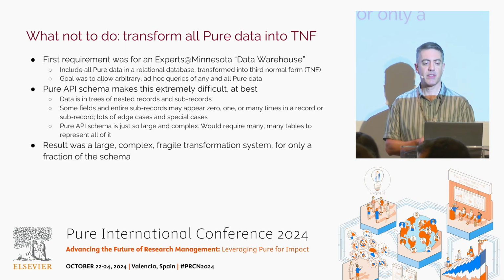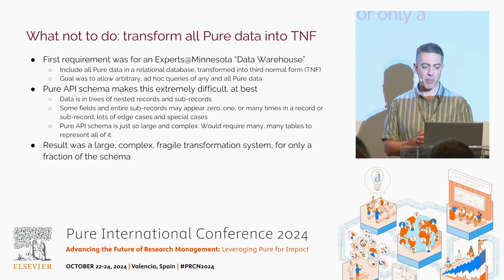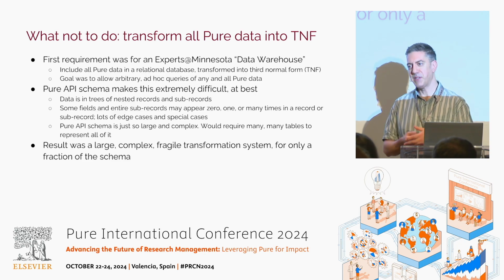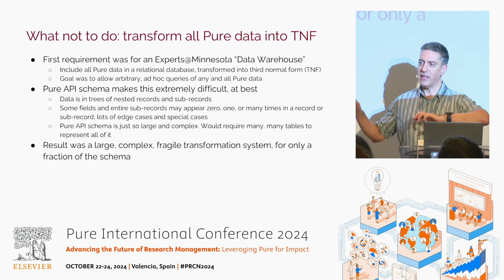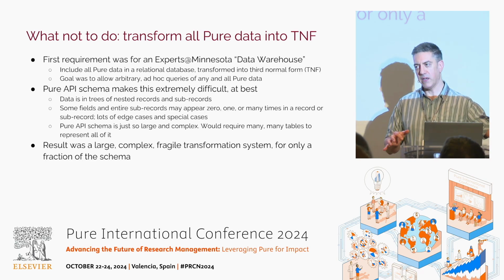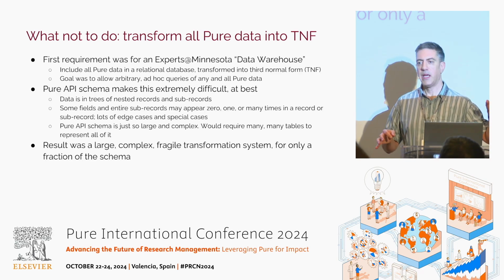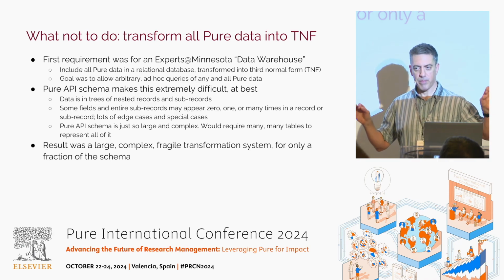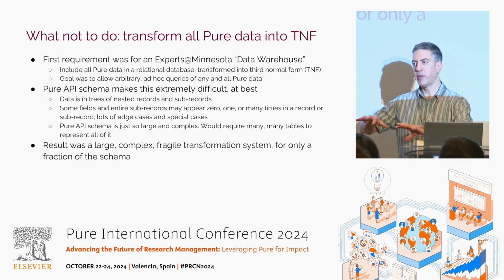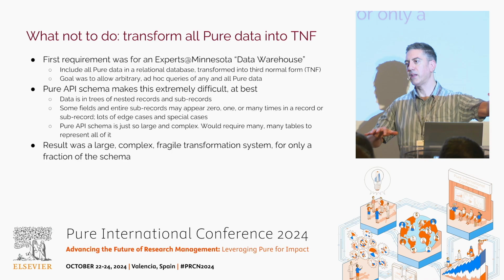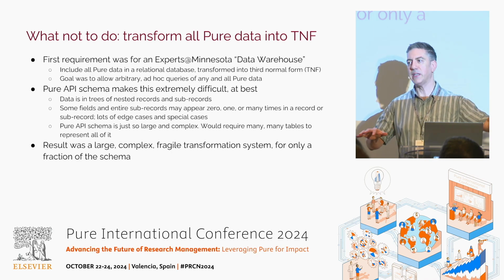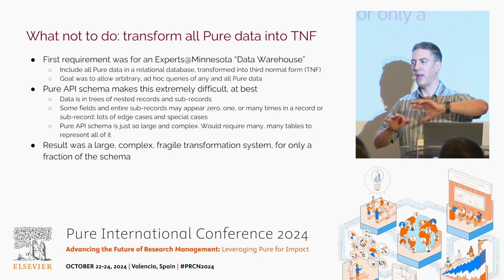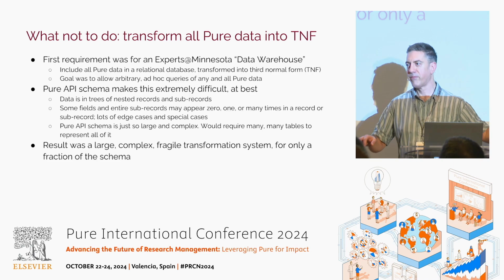Here's another thing we did at first, and this was my fault. My first attempt at getting all the Pure data into our local database was to transform the data we got from the Pure API into a very highly normalized database schema, to represent everything that could possibly be in there.